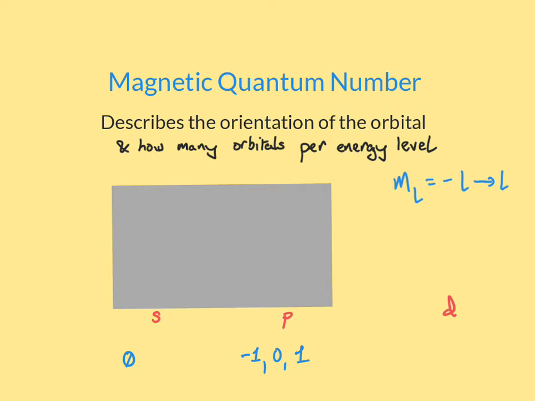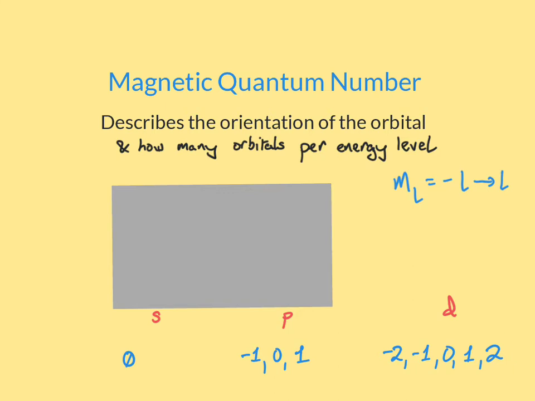But when L is equal to 2, so that D sublevel, well then the ML values actually increase. So the number of MLs, the number of orientations, or if you want to look at it this way, the number of orbitals is now 5.